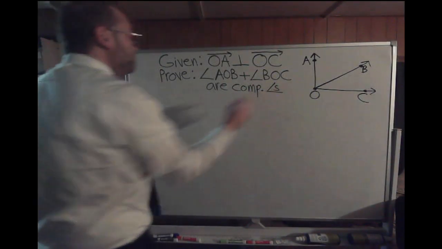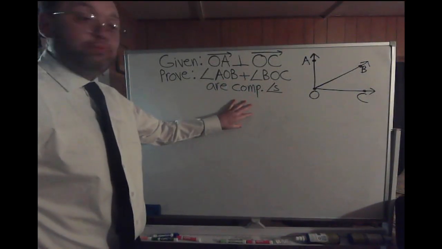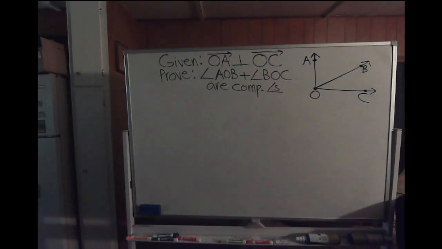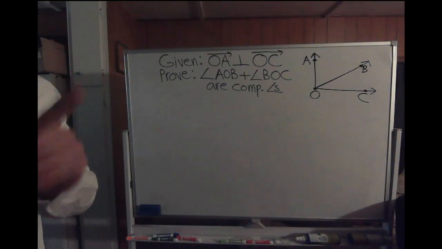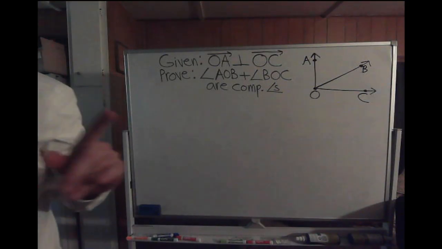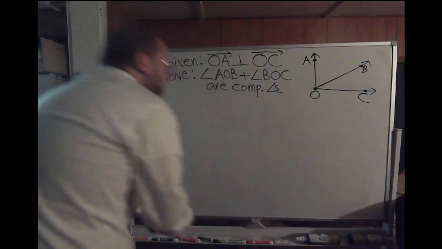So what we're going to prove here is that angle AOB and angle BOC are complementary angles. This is going to be the proof of the theorem that states if the exterior sides of two adjacent acute angles are perpendicular, then the angles are complementary. So let's go ahead, let's set this bad boy up.